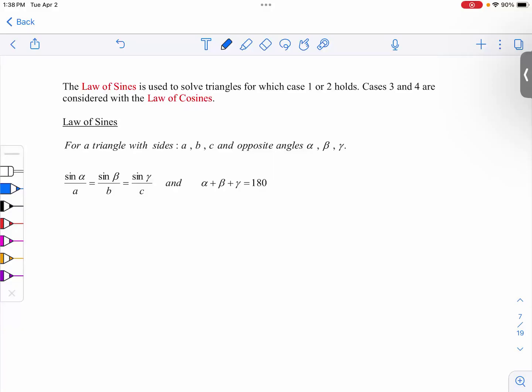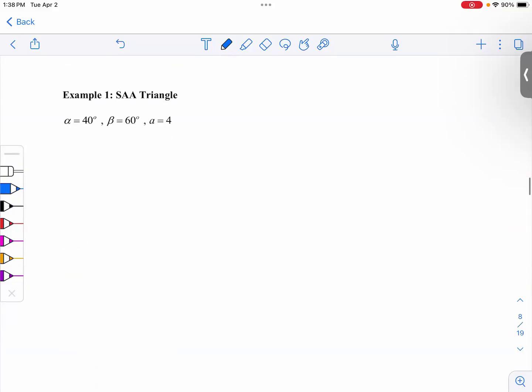And basically any combination of sine of the angle over its side to one of the other ones, all right? We'll talk about sometimes the mismatch of how they line up, but this concept is just the concept of ratios. And so it is a very, very intuitive formula. And we'll talk about law of cosines in a bit.